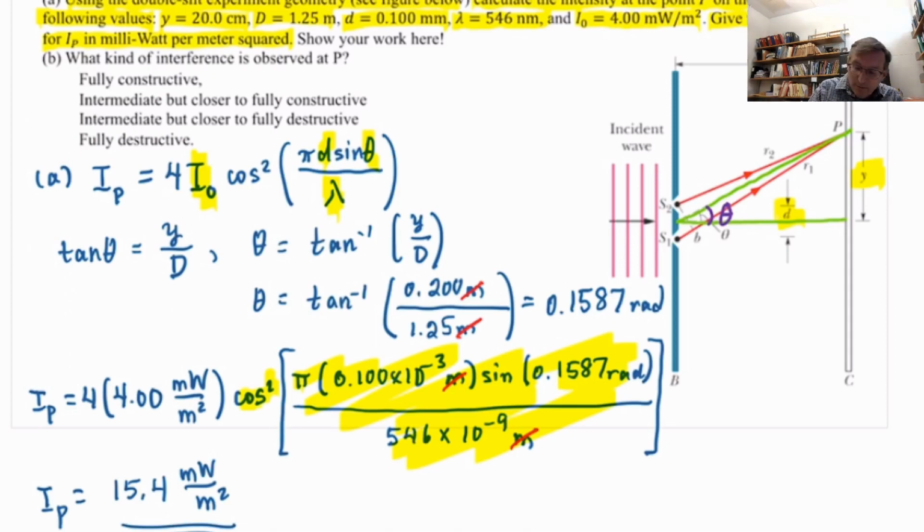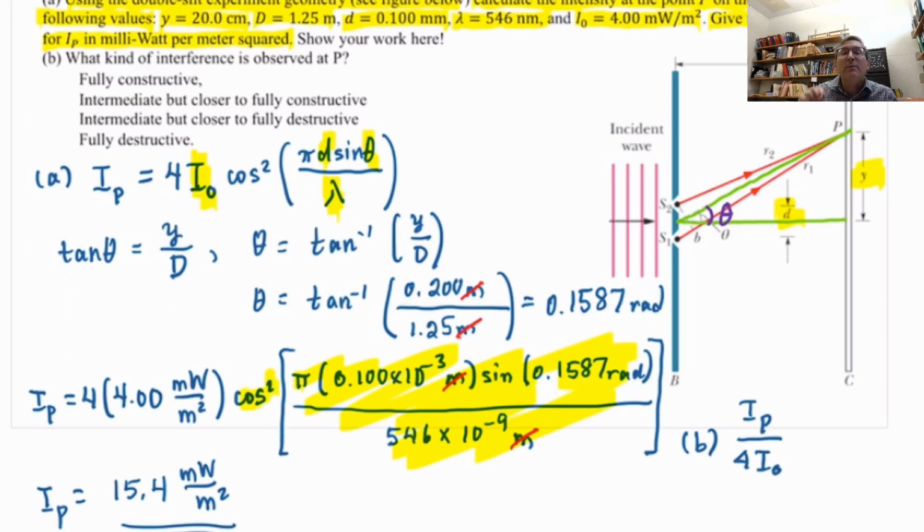Now what they want us to do in part B is figure out whether this is fully constructive interference, fully destructive interference, or intermediate and closer to fully constructive, or intermediate and closer to fully destructive. I think the easiest way to do that is to take the ratio of the intensity we got at point P to the absolute largest intensity we can get, 4I0, right?